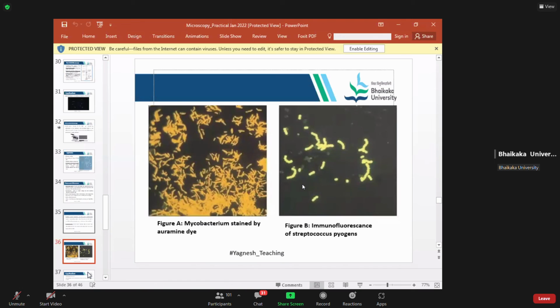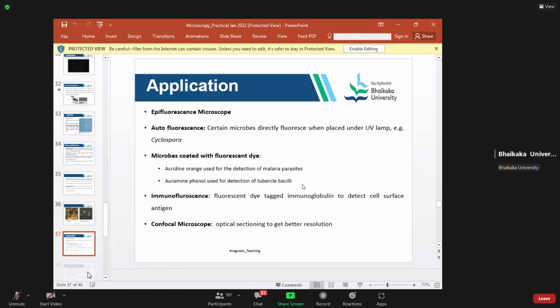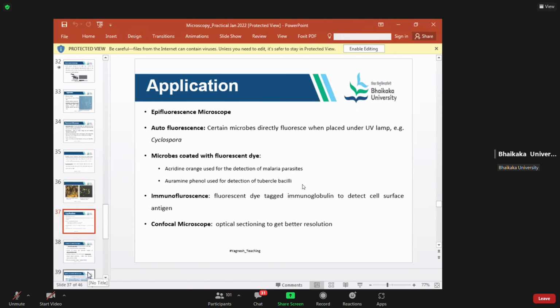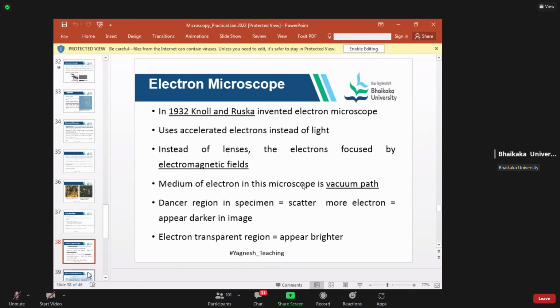So that is the application of the fluorescent microscope. Now this theory you read from the book, and the electron microscope. In our institute we do not have an electron microscope, so for us this is theoretical. But yes, fluorescent and electron microscopes are available in Vidyanagar in the bioscience department, but we do not have them because we are not using this.